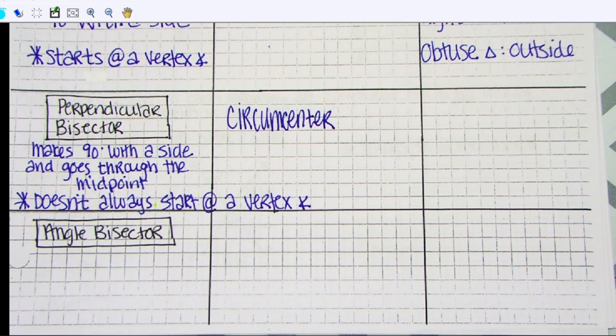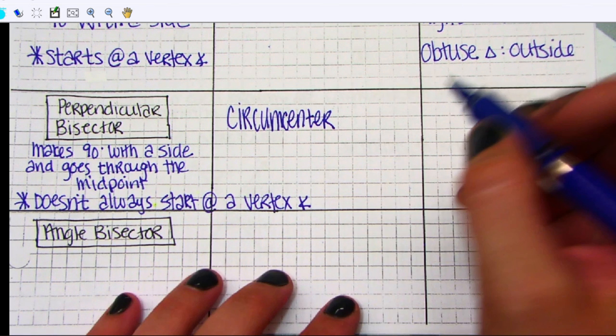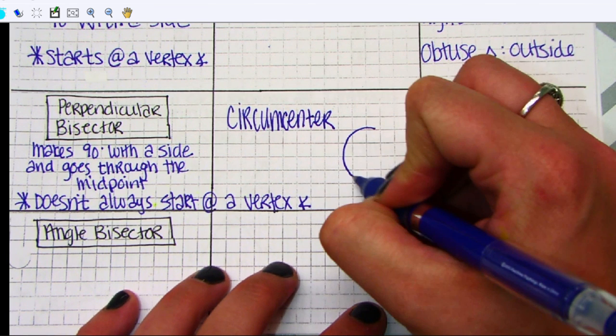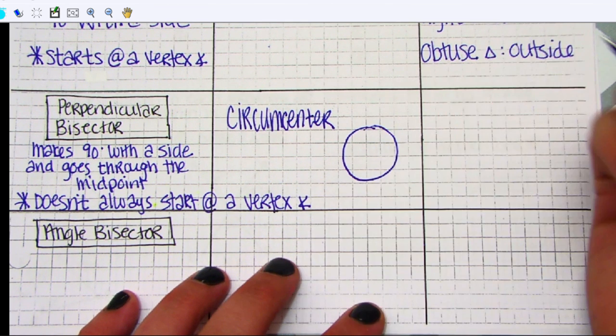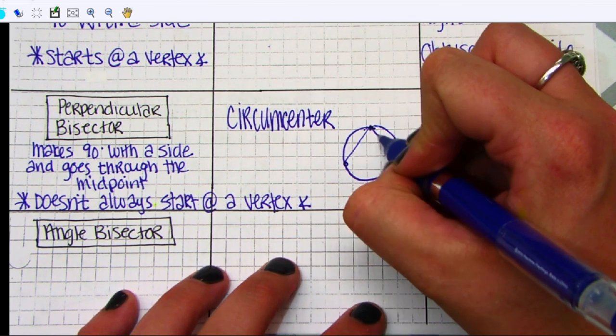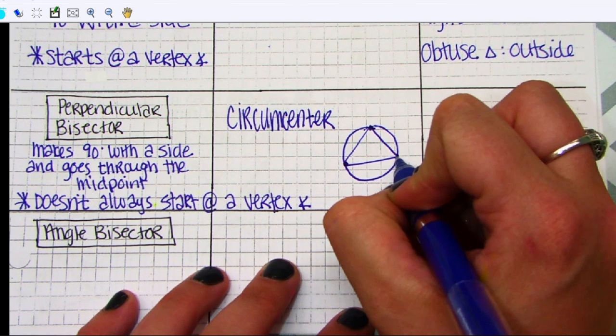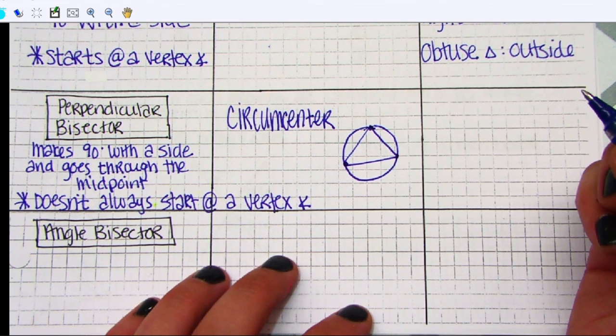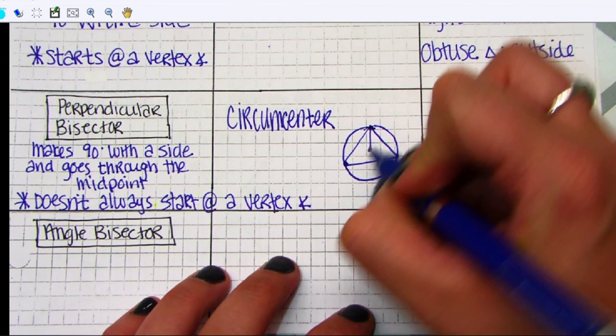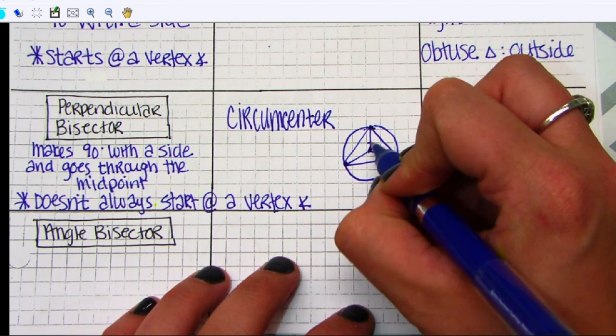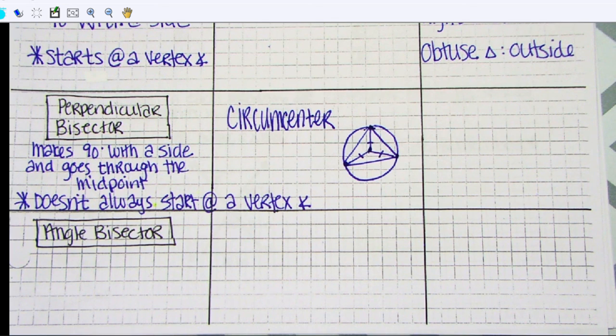Now, circumcenter has a special trait. How can the circle be drawn? Where's the circle located? Outside of a triangle. So, circumcenter, if I draw a circle and a triangle inside of that circle, the circumcenter will make a circle outside. So being able to match is important.